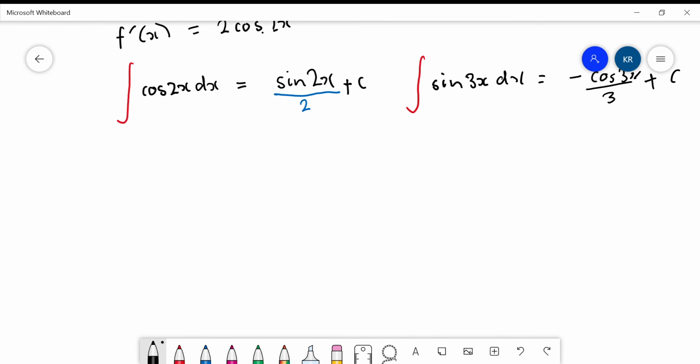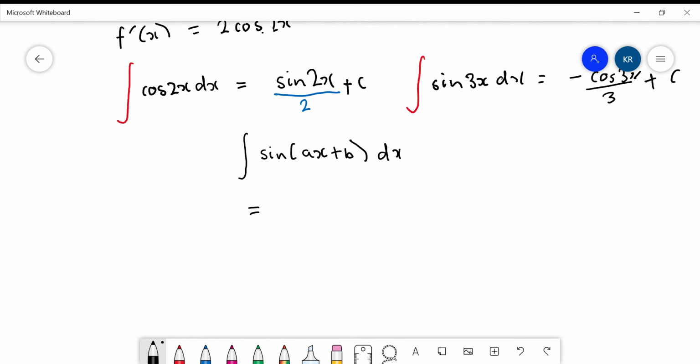So in general, if we want to integrate a function sine of ax plus b, what you do is you take the coefficient of x. You first integrate the sine.